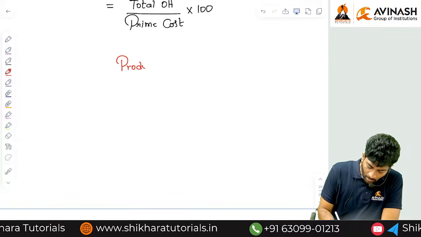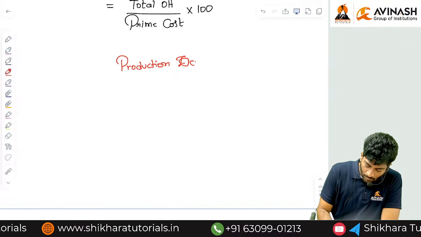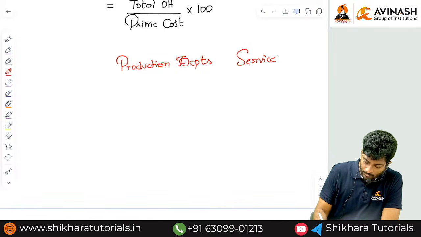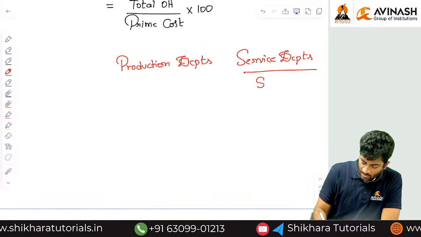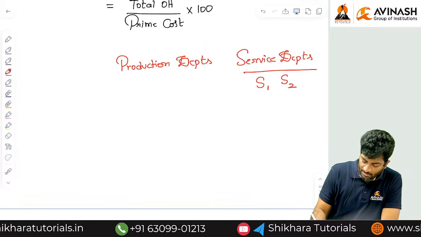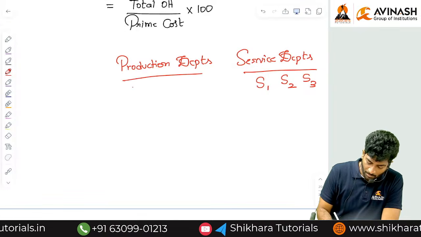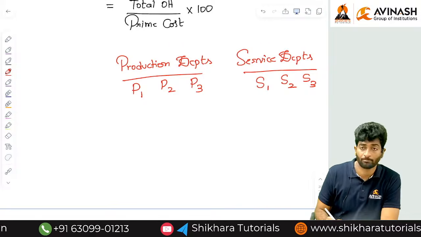You will have production departments and you will have service departments. Service departments S1, S2, S3. Production departments P1, P2, P3.